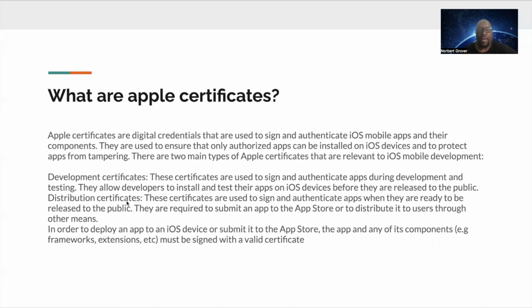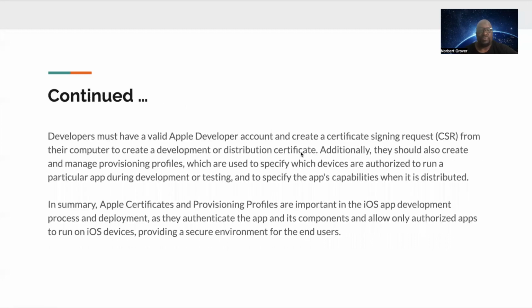You can go back and read all this if you want to. Developers must have a valid Apple developer account and create certificate signing requests from their computer to create development and distribution certificates.